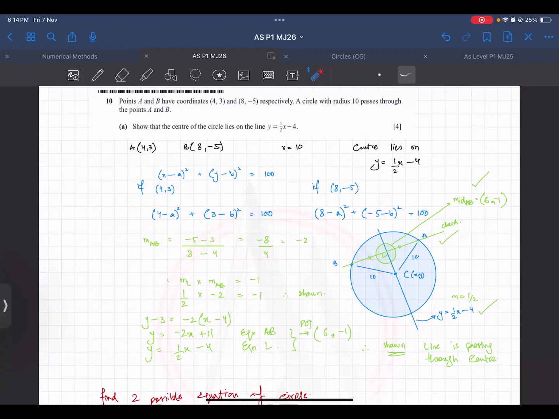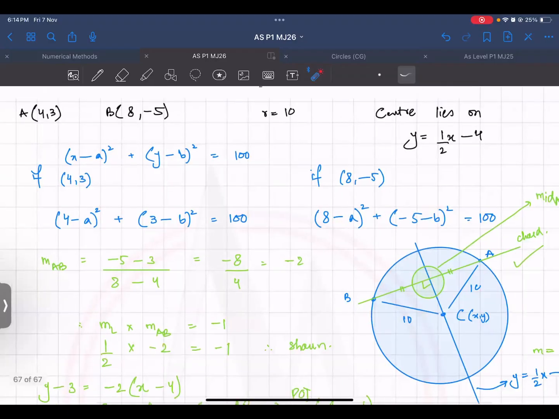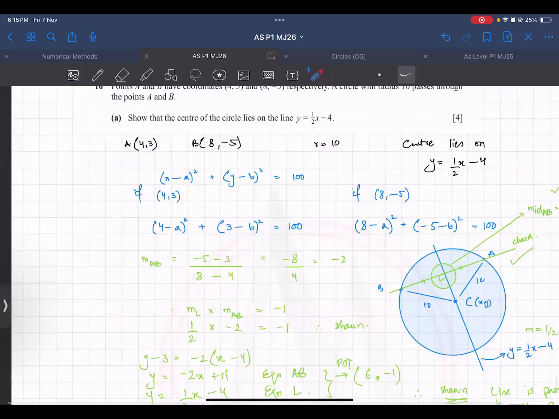I think we will have to simultaneously solve it because we have found already two equations, and we will find two solutions as well. How would we solve this? Find the two possible equations of the circle.